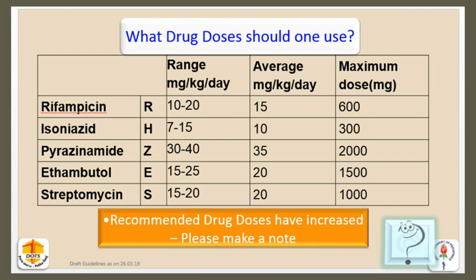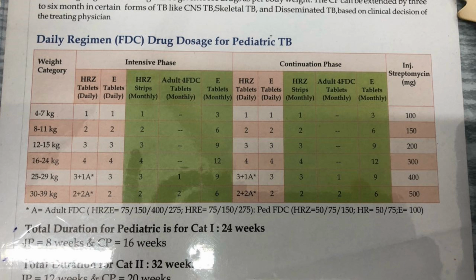Next slide, you have these kinds of charts that we actually keep in the OPD. You have these fixed drug combinations that are available through the program. Among your pediatric FDCs, you have INH, rifampicin, pyrazinamide available as one tablet and ethambutol as a separate tablet. You have these weight bands, and depending on the weight band, you can give the FDC dose.